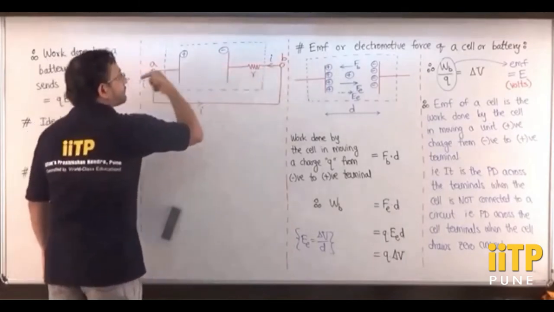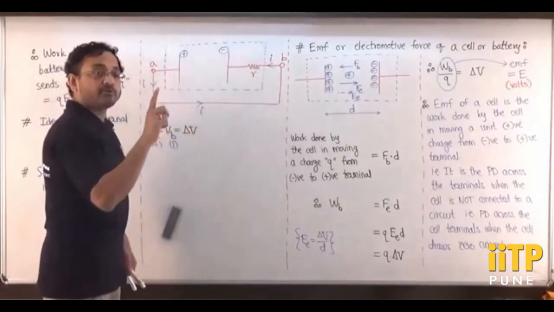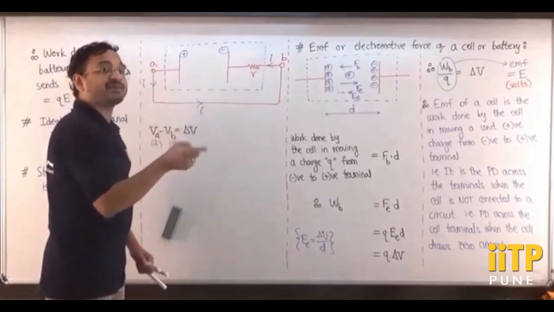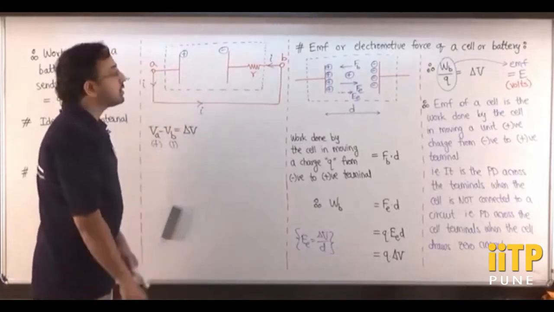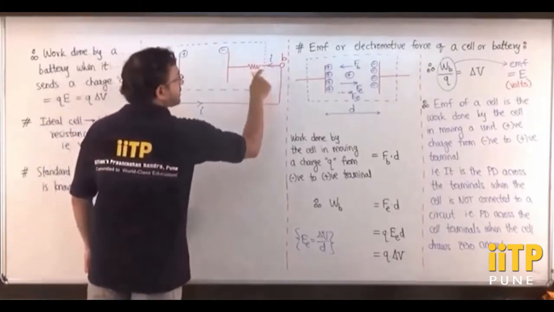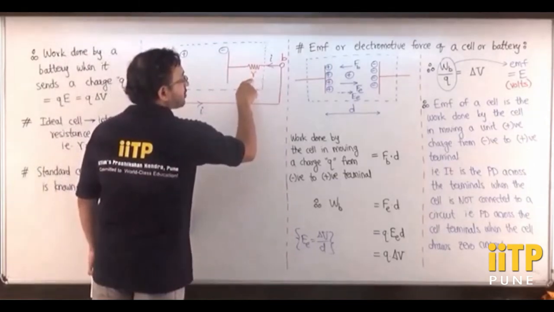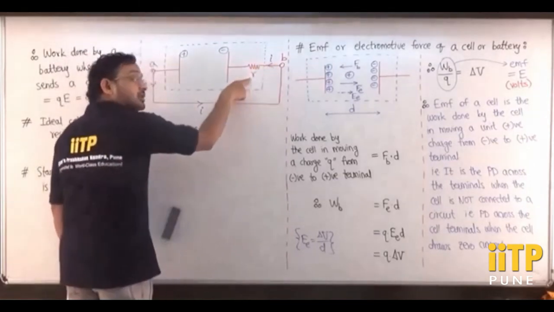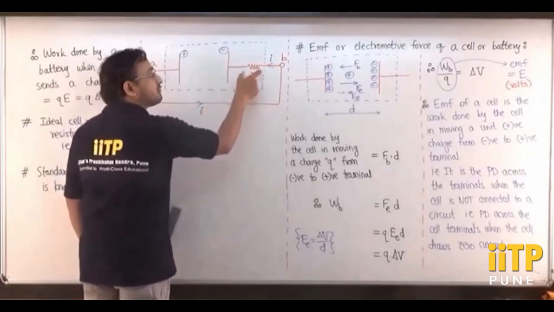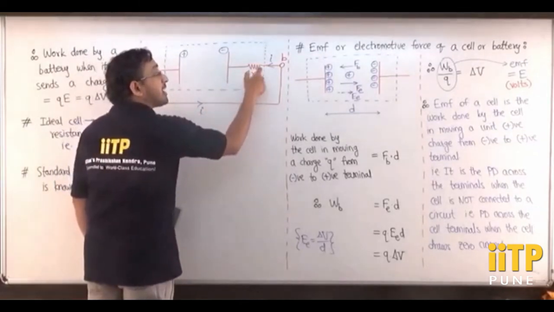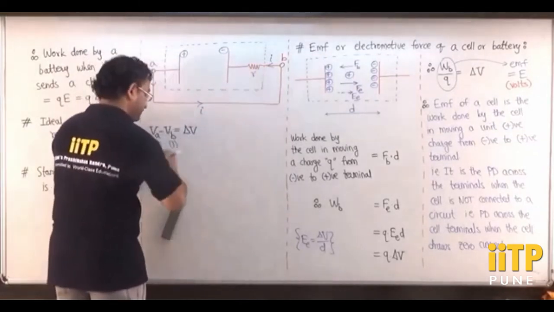When I go in that direction from B to A, we will apply Kirchhoff's law and its sign conventions. As I go from B to A, I am going in the direction of current over a resistor, so the potential difference there is minus Ir.